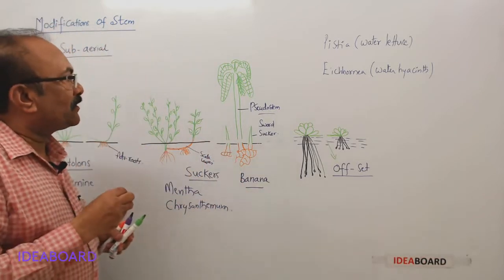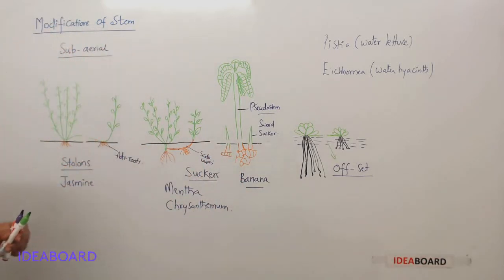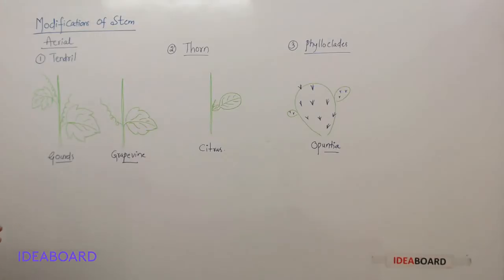Okay, so that is about the subaerial stem modifications. And the next one is aerial stem modifications. Now let us discuss these aerial stem modifications. Tendril. What is this tendril?